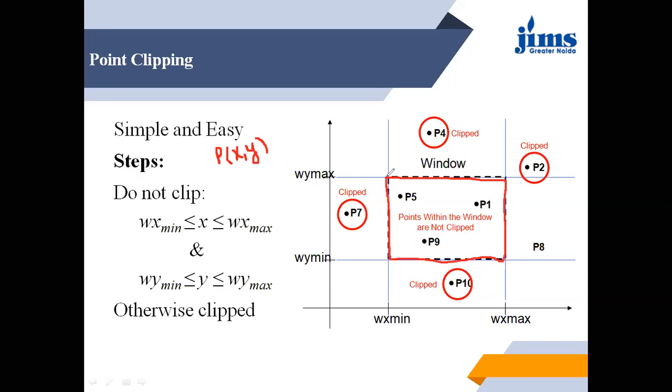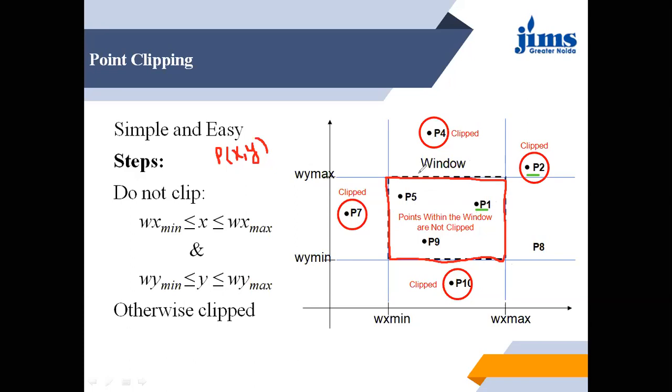If the point is inside the window, then there is no need to clip. But if the point is outside the window, then we have to clip the point. You can see here that this is point P1, point P2, point P3. Where is P3?